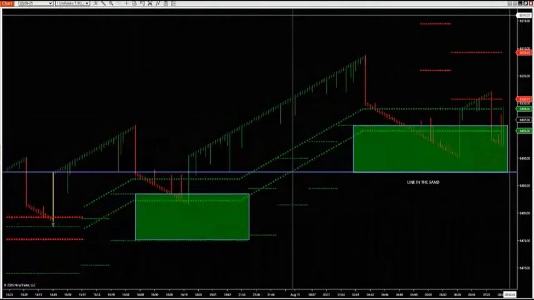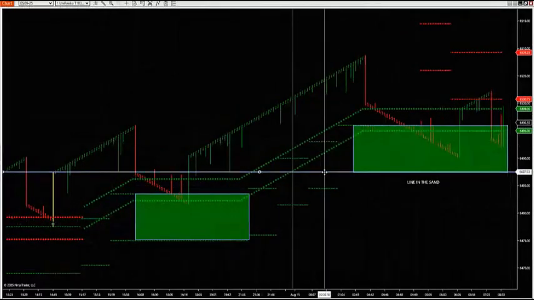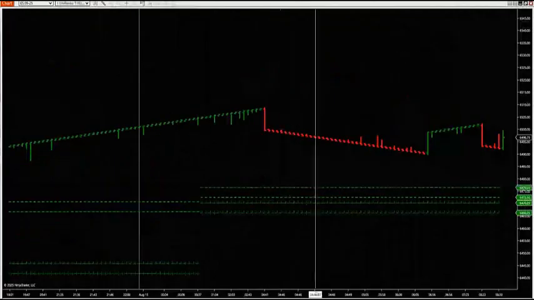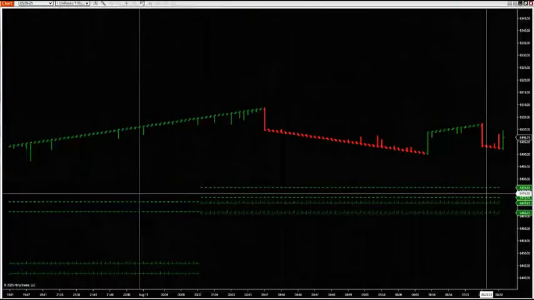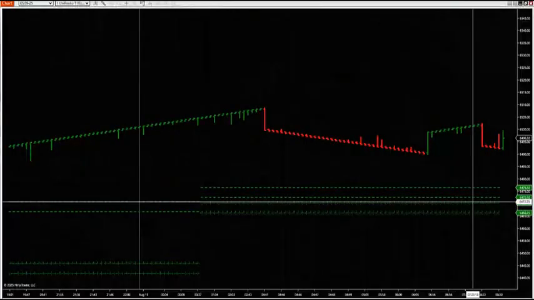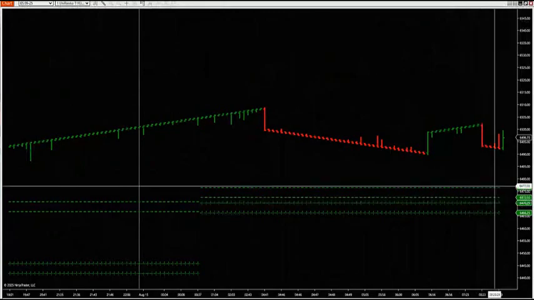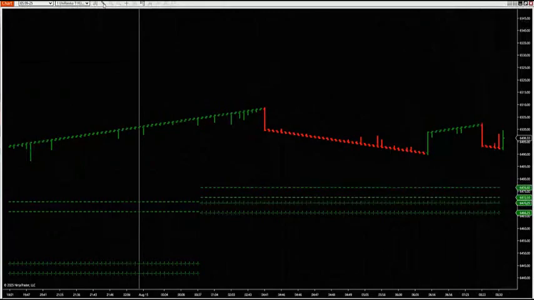Let's go over to our other chart, our deeper liquidity grabs. So our deeper liquidity grabs, we can see that we got a deep possible pullback into this area. If we get in this area and get a reversal, that will be it. Remember, you can play this both ways.